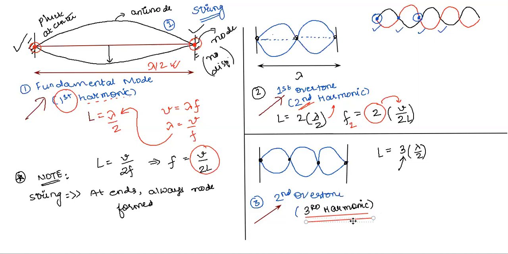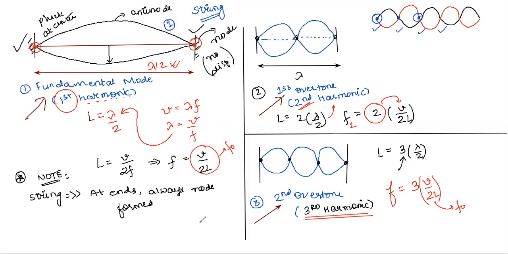Right, this is how we'll define different kinds of harmonics depending upon how many times the frequency is of the first or fundamental mode. So here we'll have f is equal to 3 times v by 2l, where v by 2l was the fundamental frequency. If I denote this by f naught, this is 3 times f naught.